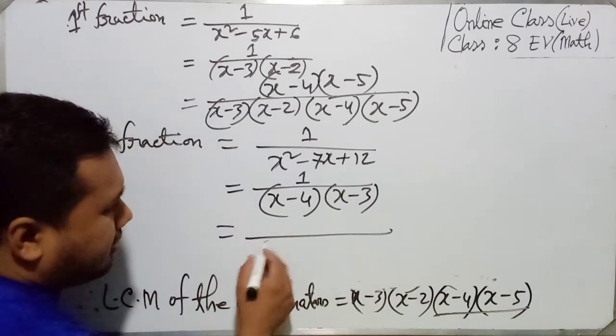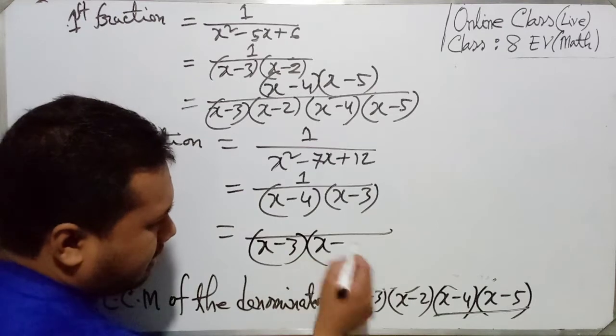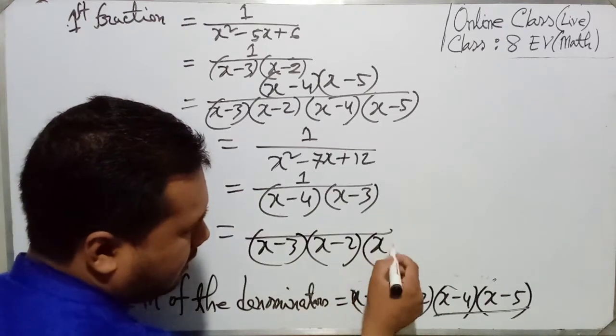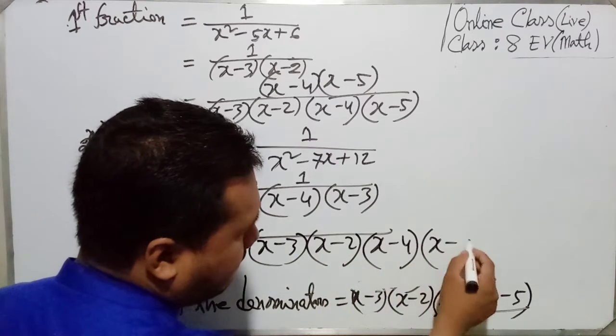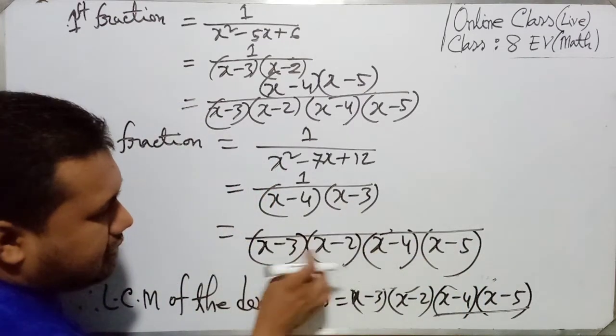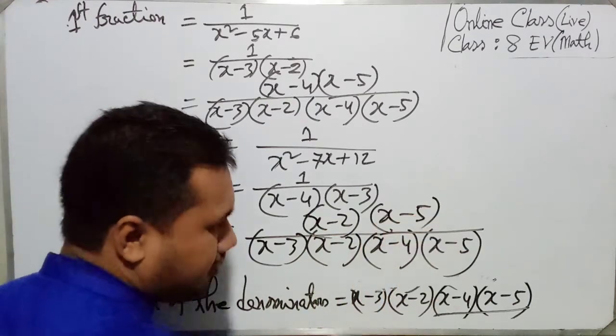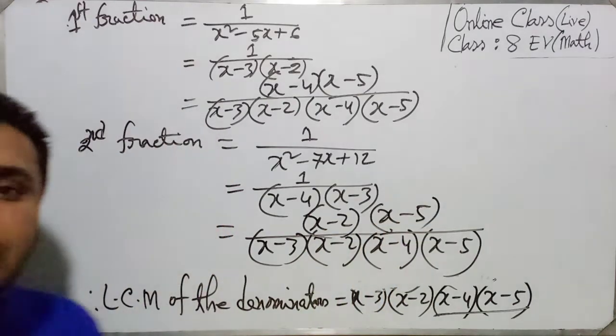Now write x minus 3, x minus 2, x minus 4, x minus 5. Which one? This is x minus 4, this is x minus 3, so we have to write x minus 2 and x minus 5. So we can say this is our second fraction.